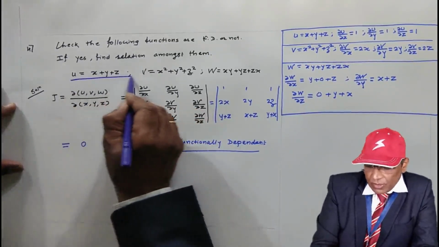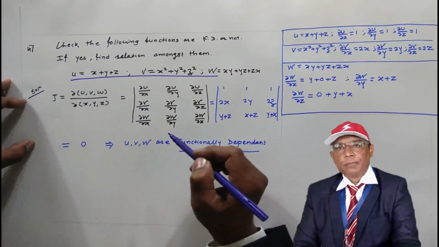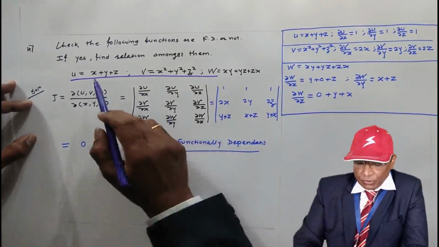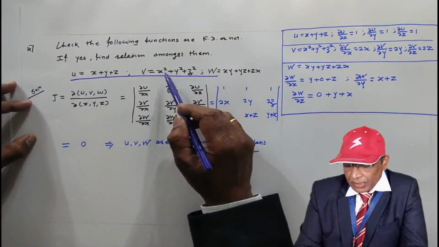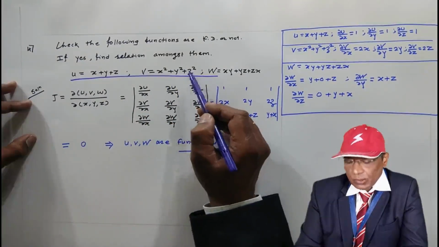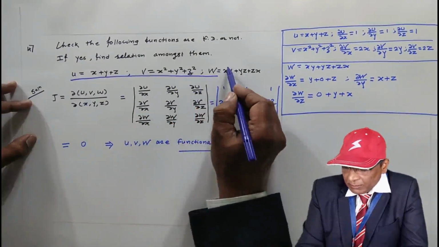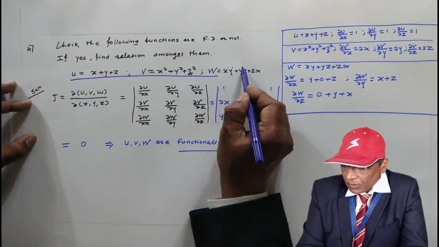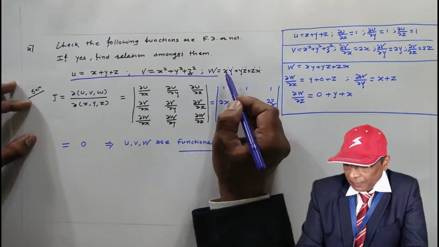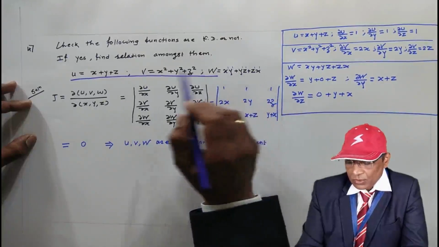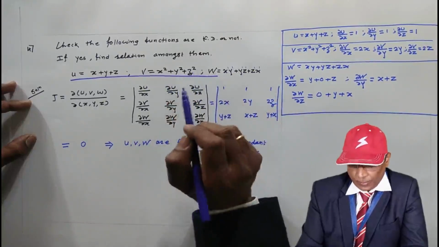Now look at these 3 functions very, very carefully. Here the degree of each and every term is 2. When we have the product of 2 variables, we have to add the degrees. Degree is 2, 2, 2, 2, 2, 2.